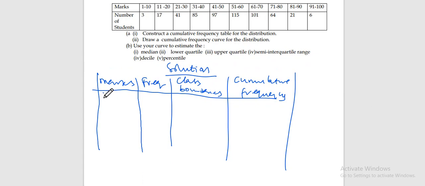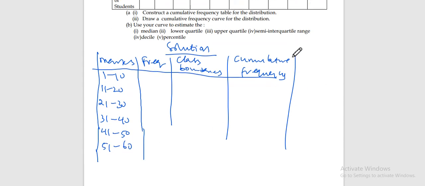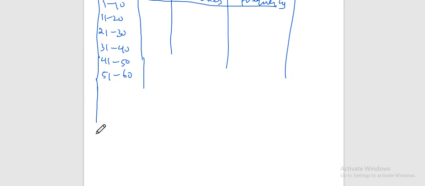So here we have 1 to 10, 11 to 20, 21 to 30, 31 to 40, 41 to 50, 51 to 60, 61 to 70, 71 to 80, 81 to 90, 91 to 100.